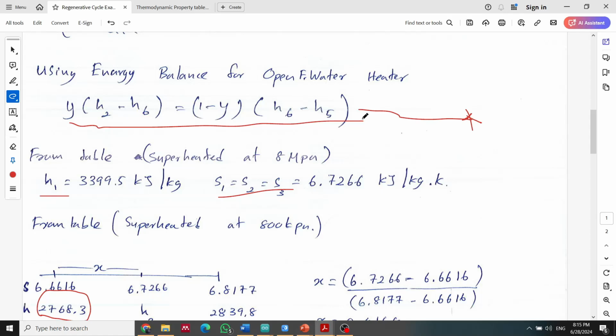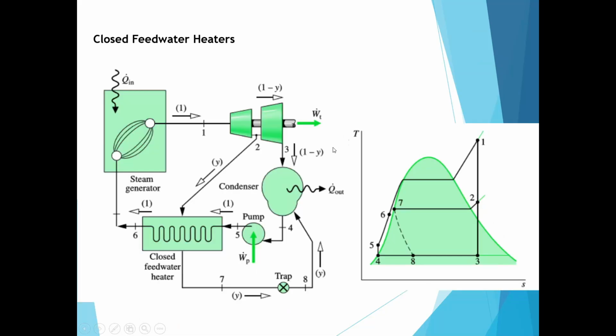If you are given a closed feed water heater, then you are extracting Y, and this is 1 minus Y, but that Y amount is directed back to the condenser here.